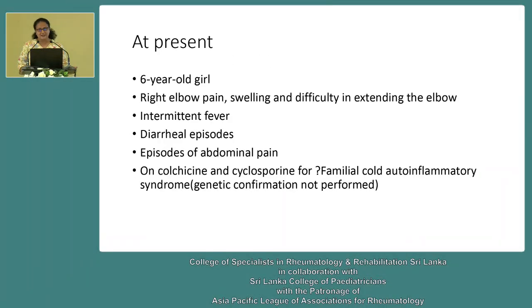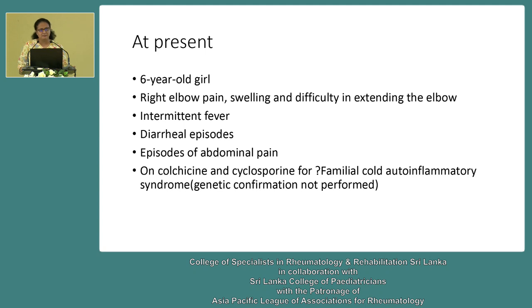So this is a girl. I was newly appointed to this hospital, and this is a 6-year-old girl. At that time, the presentation was right elbow pain, swelling, and difficulty extending her elbow. She also complained of intermittent fever, but there was no detectable fever when I saw her.